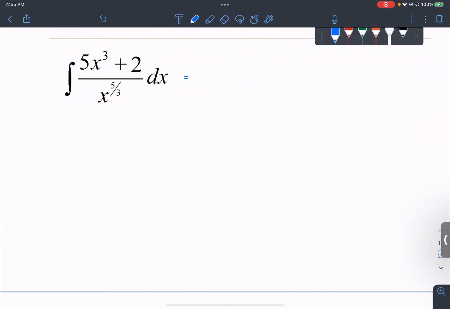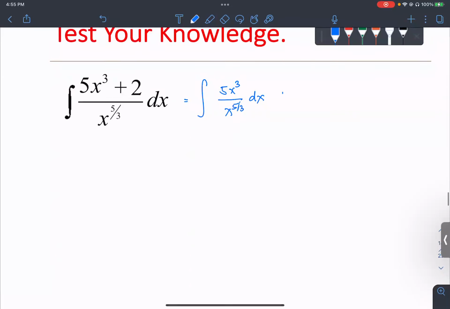So, let's answer this one. To answer this one, this is the same as the integral of 5x cubed over x raised to 5 over 3 dx, tapos yung isa plus integral of 2 all over x raised to 5 over 3 dx. Okay, so what are we going to do with this one?